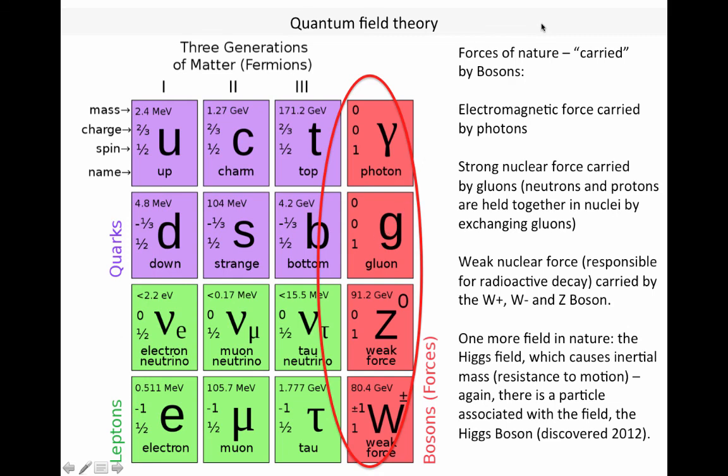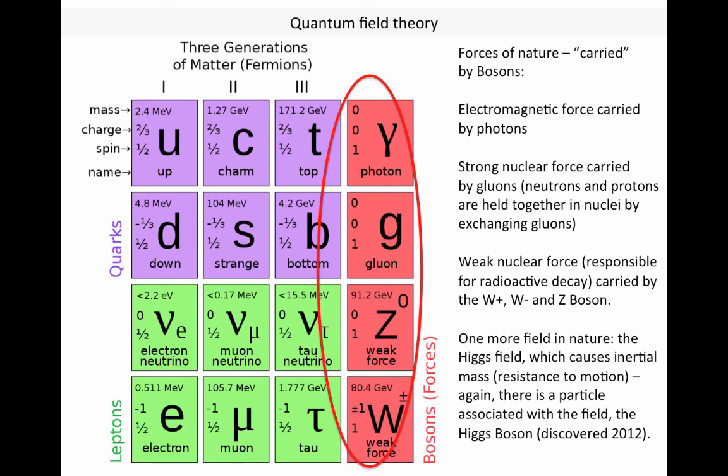Now, as we mentioned before, the forces of nature are carried by bosons. So the electromagnetic force is carried by photons, the strong nuclear force is carried by gluons. So neutrons and protons are held together in nuclei by exchanging gluons with each other. The weak nuclear force is carried by 3 bosons, the W+, the W-, and the Z0 particle.